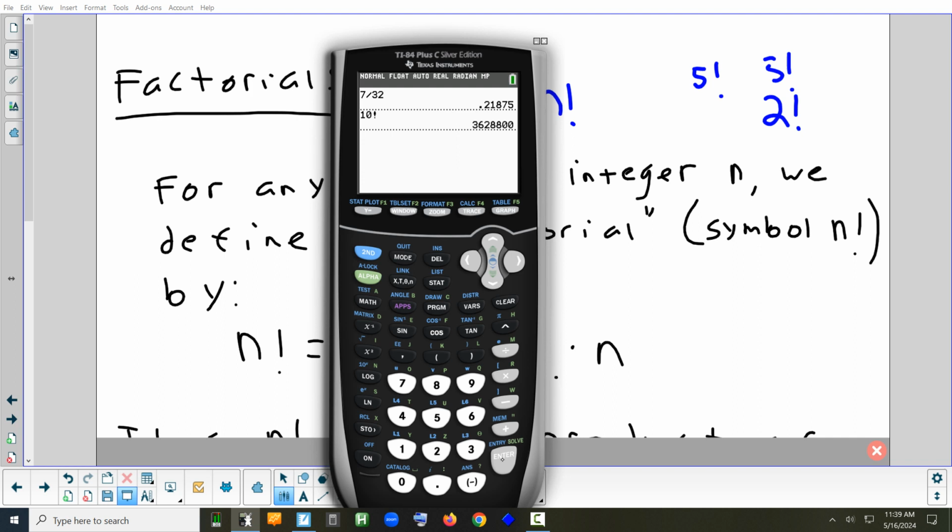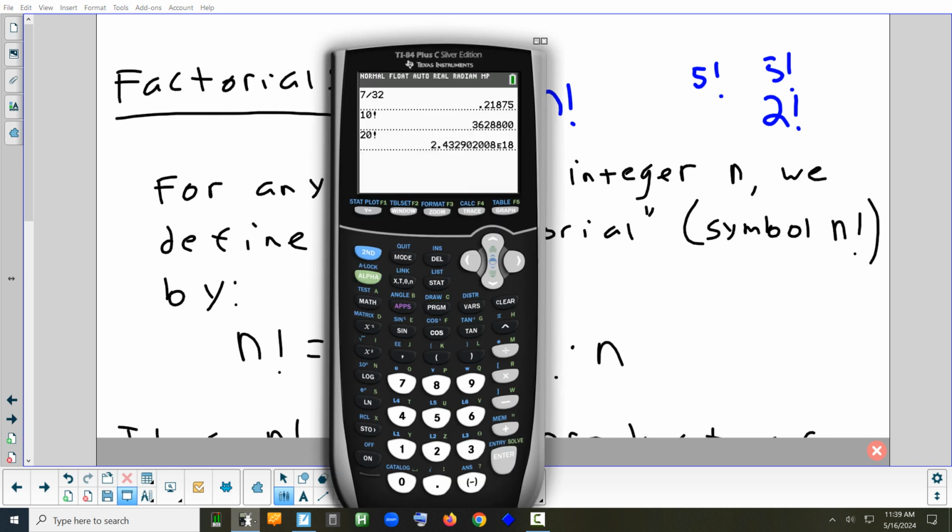So you can see 10 factorial is already in the millions. By the time you get to 20 factorial, it's already going to be in scientific notation. That's 2.4, and then 18 digits after it. So that's a pretty big number.